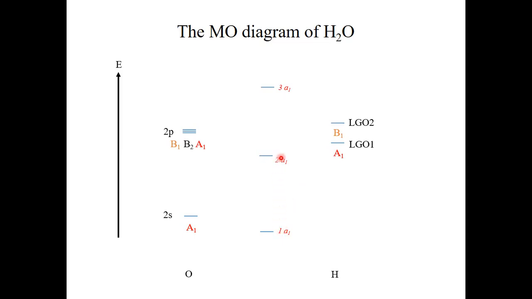The one of intermediate energy gets the coefficient 2, and the one with the highest energy gets the coefficient number 3.